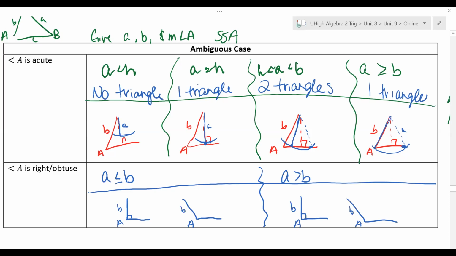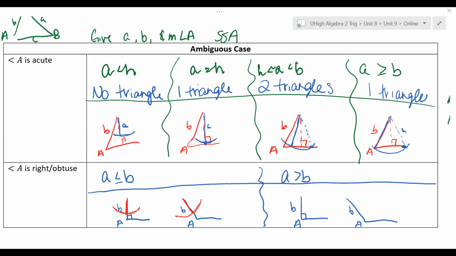When I am given A is less than or equal to B, I have an A value and it is anywhere on here as long as it is less than this line B. If I look at how this is going to swing, it can go any direction, and it's never going to hit that third side that we have.